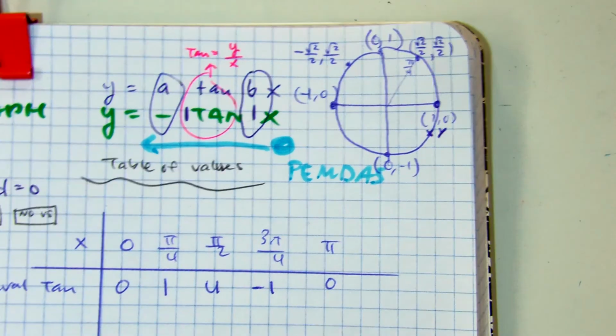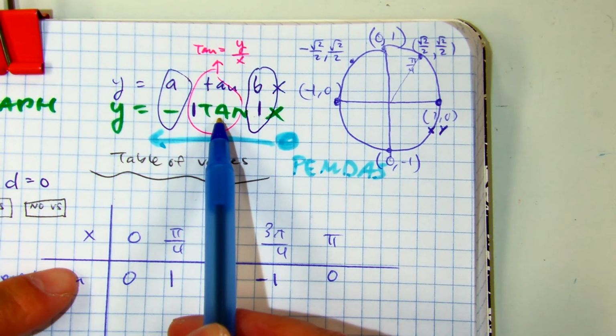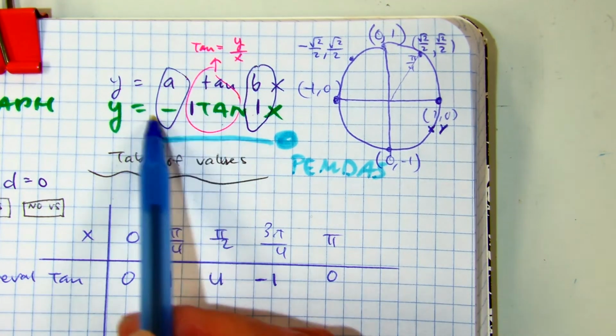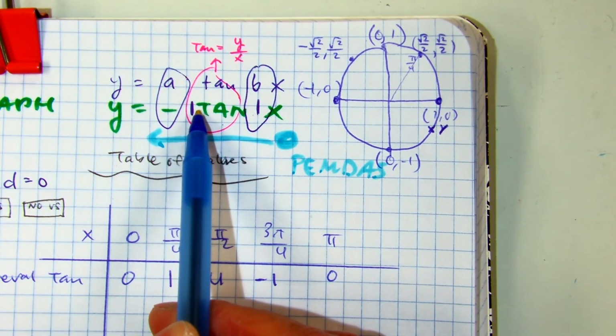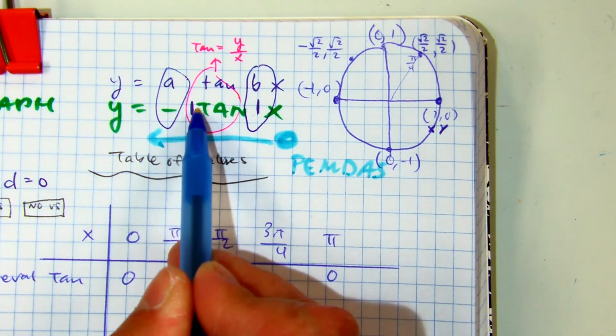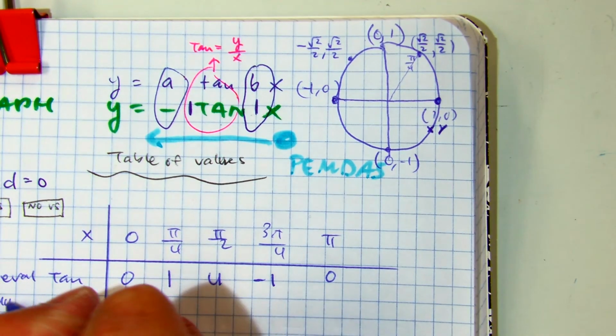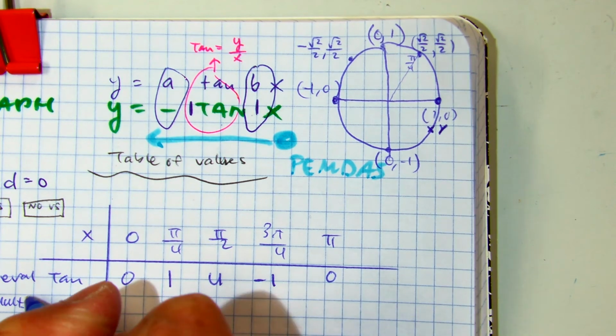So we have our x values. We're evaluating a tangent, and now we need to do what, class? Subtract 1 or multiply? It's the relationship between this 1 here and tangent is multiplying. Negative 1 times tangent. So multiply by negative 1.